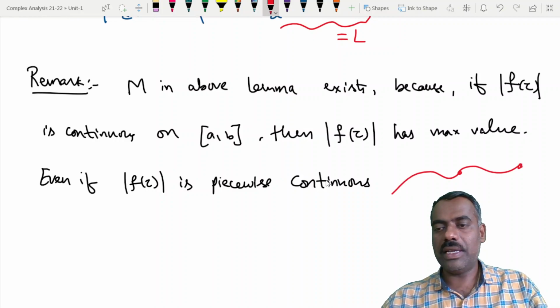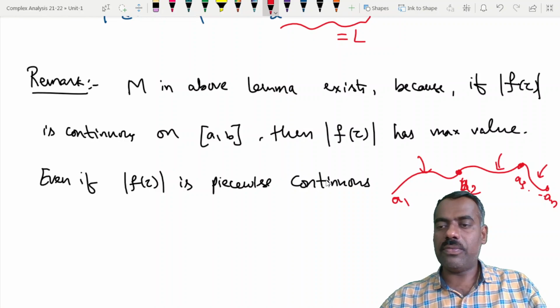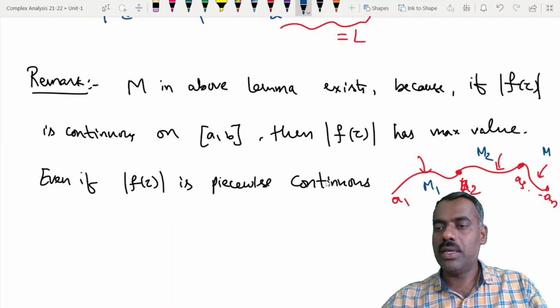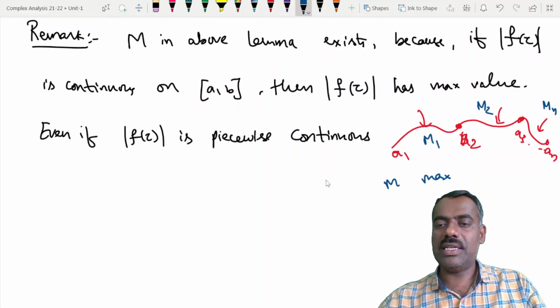So if you have something like this, which is piecewise continuous, you can call the break points A1, A2, A3, up to An. Now here, on each part, mod f of z is continuous. So there exists some M1 here, some M2 here, and so on. Then take the maximum of these, so your M is the maximum of M1, M2, and so on.